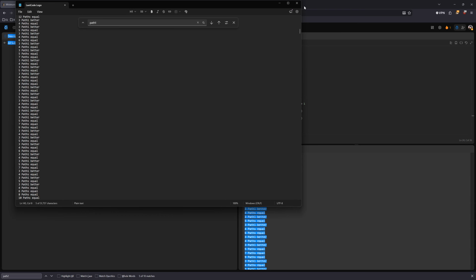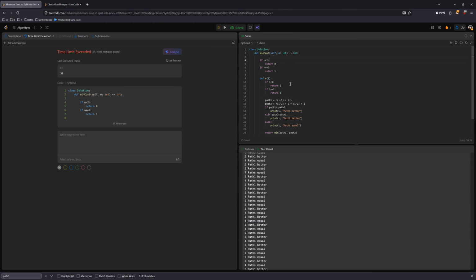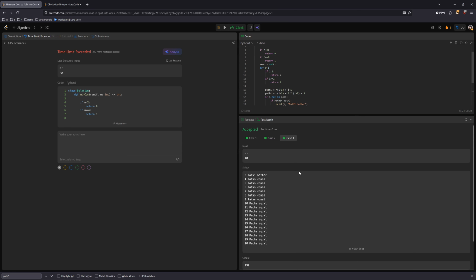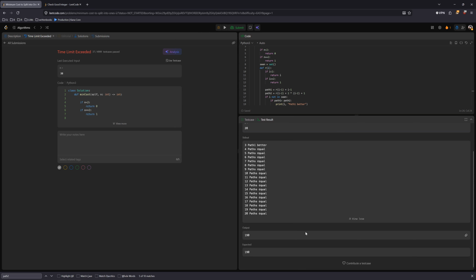Seen equals set. So if I not in seen, seen.add I, right? That'll probably help. Paths equal.